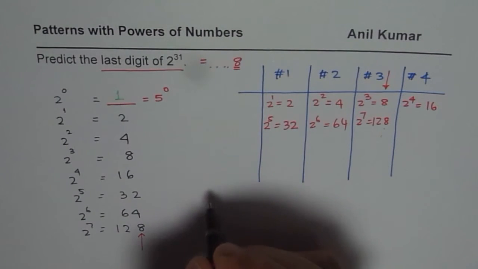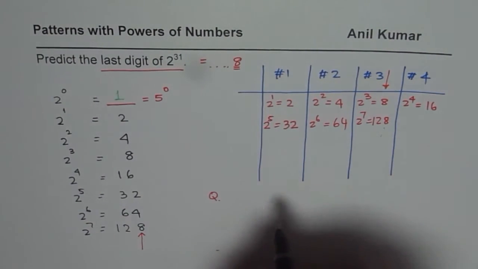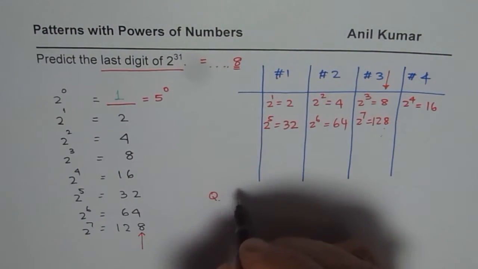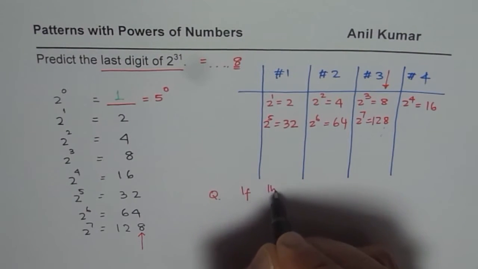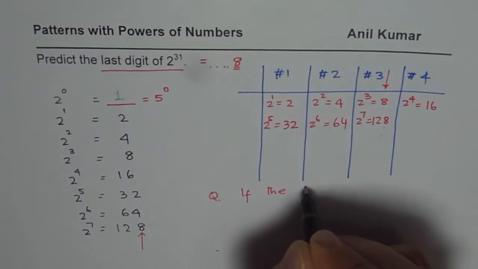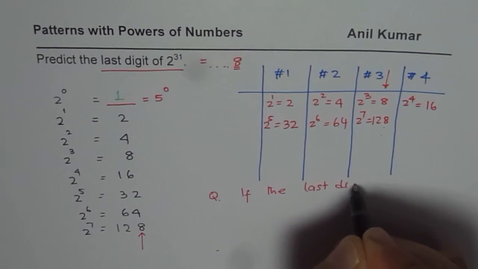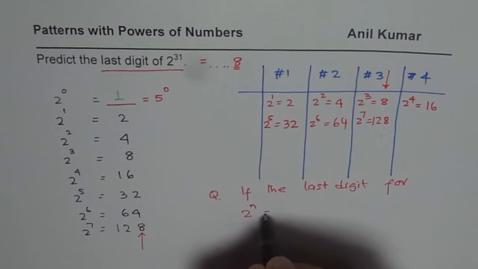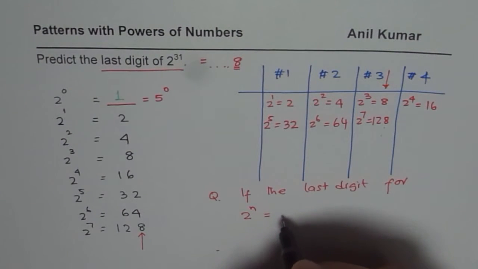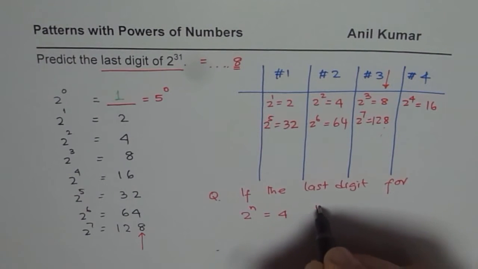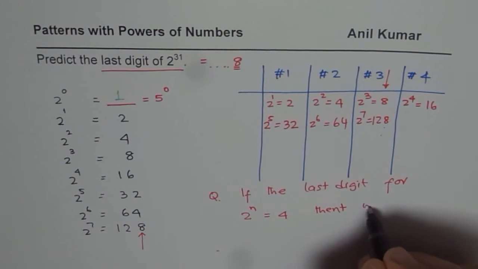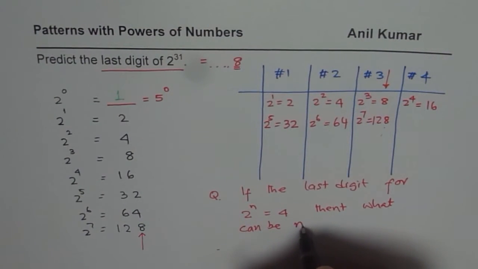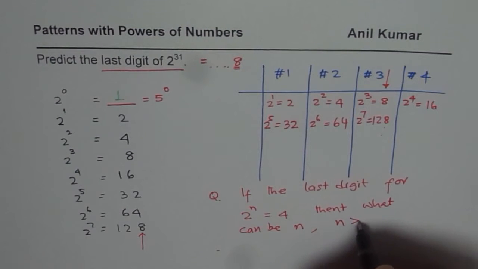Now here is a test question for you. This was 2 to the power of 31, last digit is what? Now my question is, if the last digit of 2 to the power of n is equal to, let us say, 4, then what can be n, where n is greater than 100?